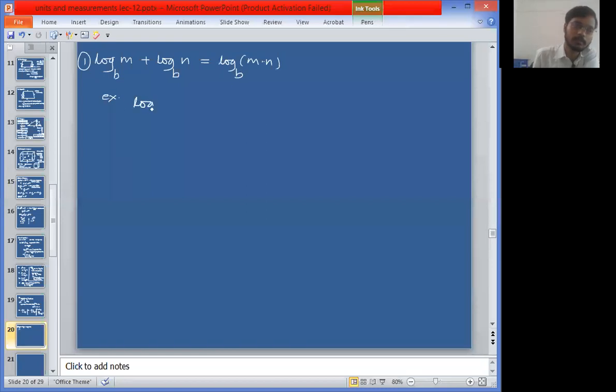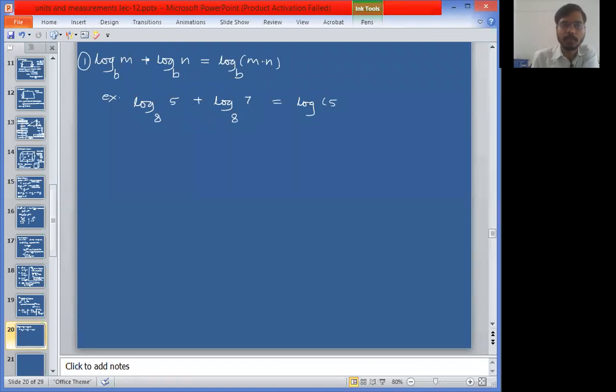Example. Log 5 plus log 7 to the base 8. Base same, so log 5 plus log 7 is log of 5 into 7. Log m plus log n is log mn.